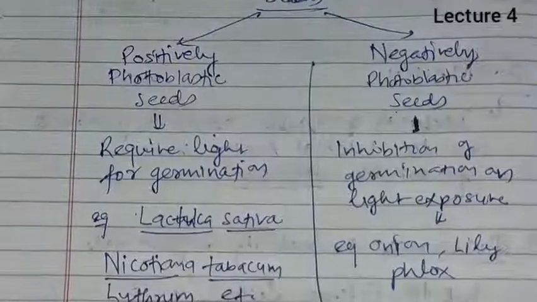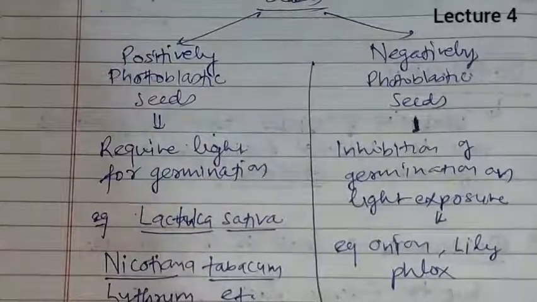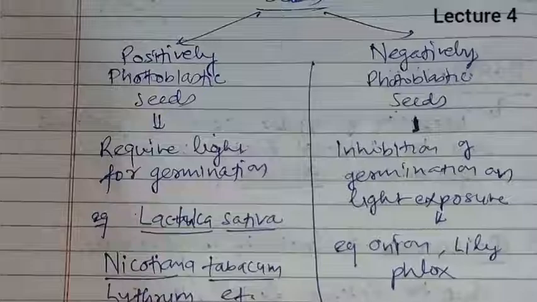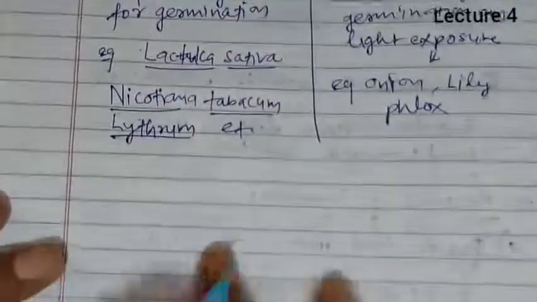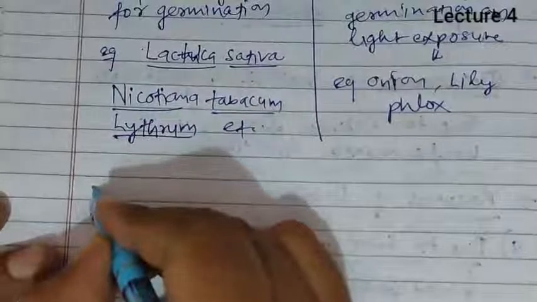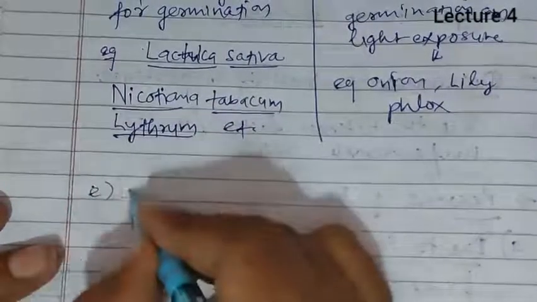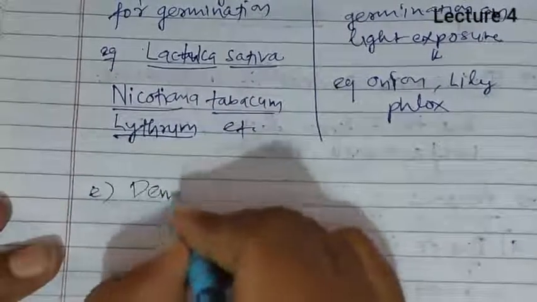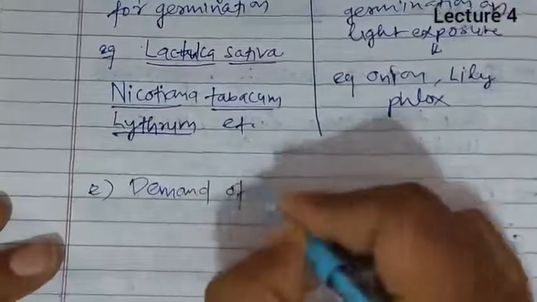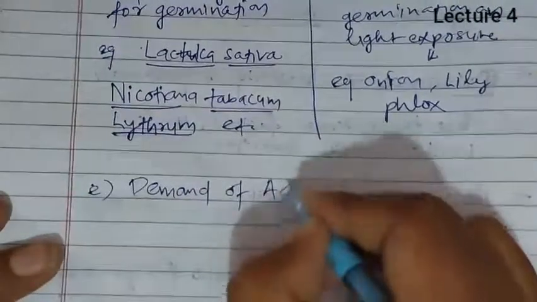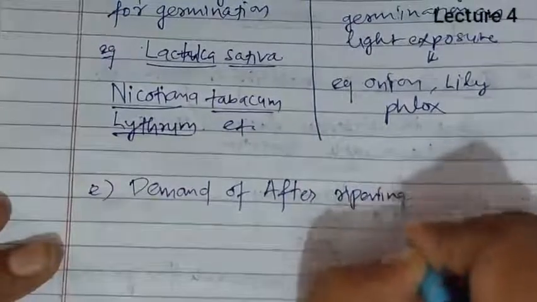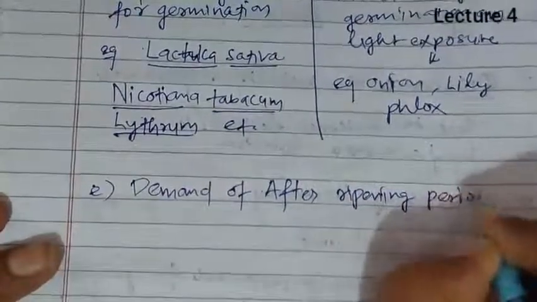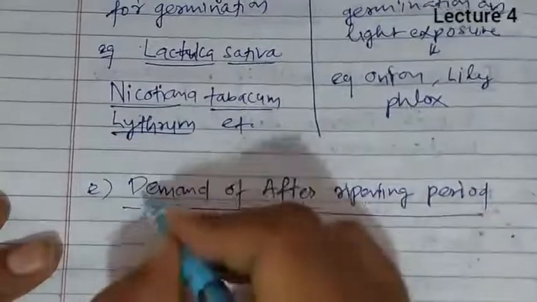So these are the particular positively and negatively photoblastic seeds. So due to a specific light requirement also, seed germination can be stopped. Next is the demand of an after-ripening period.